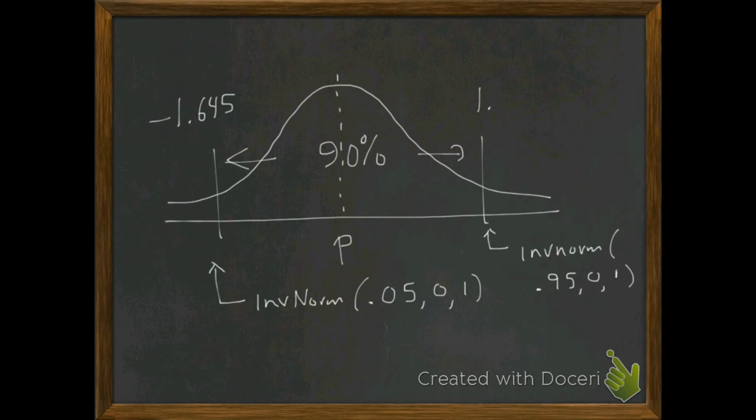And over here we get 1.645. So we know that from negative 1.645 to positive 1.645, 90% of our z-scores fall.